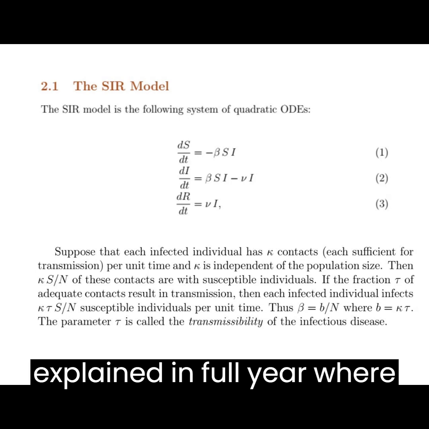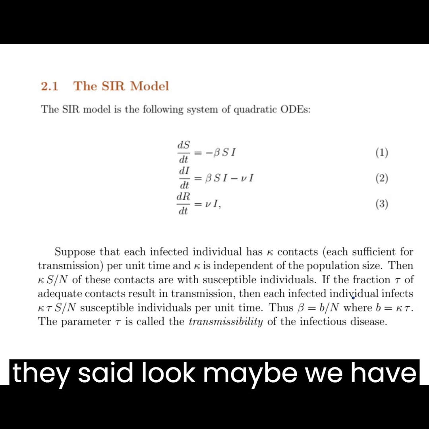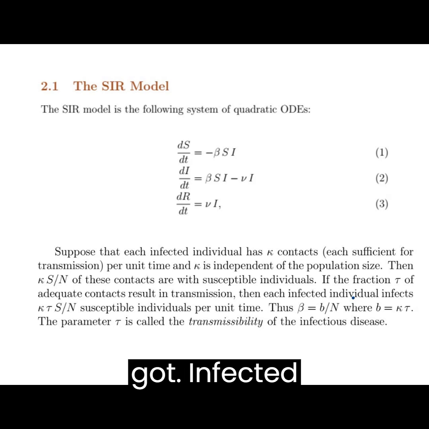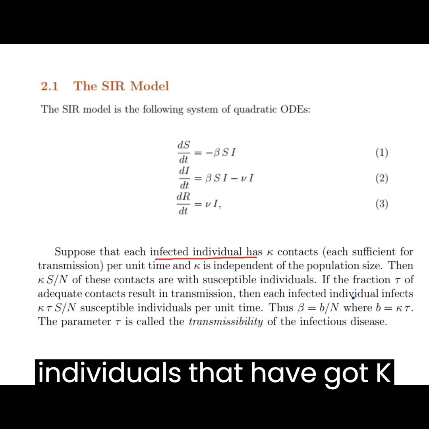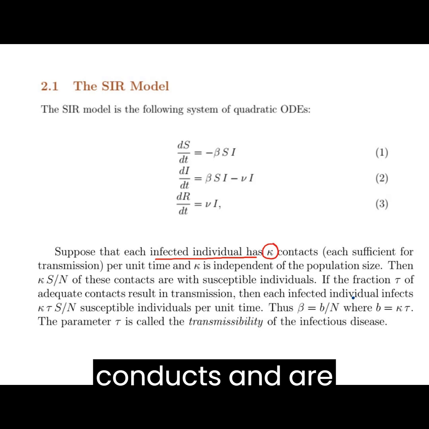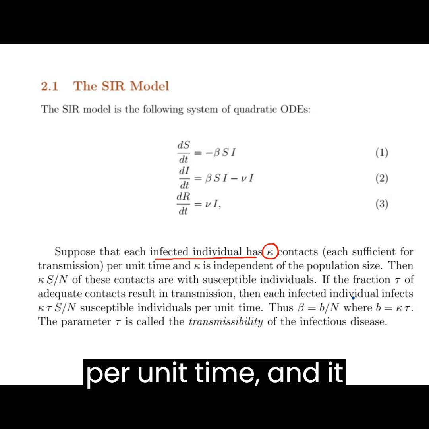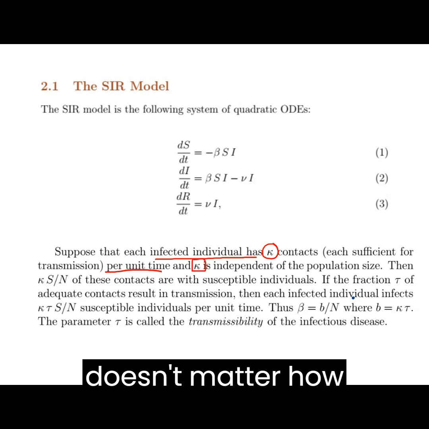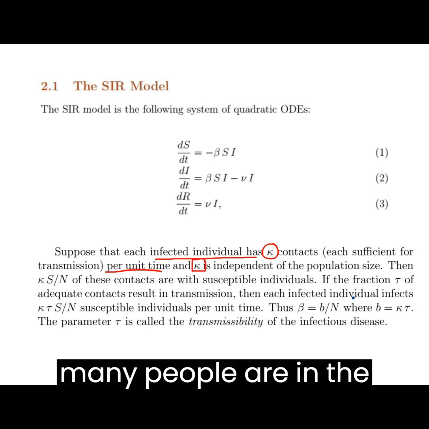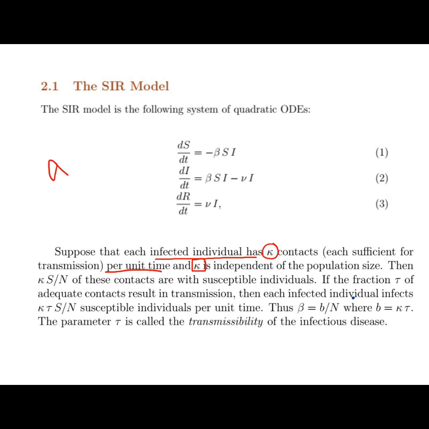It is explained in full here, where they said, look, maybe we have got infected individuals that have got K contacts, and each contact is sufficient for transmission per unit time. And it doesn't matter how many people are in the population, what the size of N is.